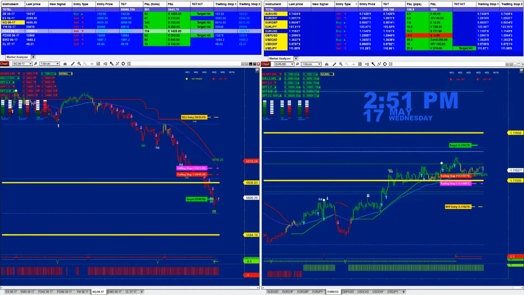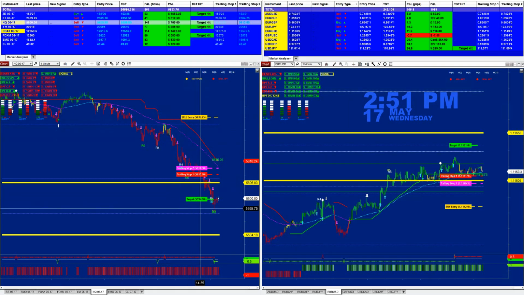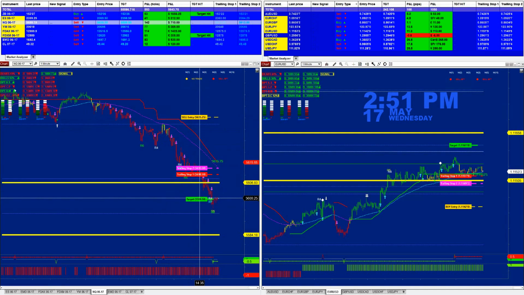On the NASDAQ today, we had an entry at 56.35, and here is the NASDAQ. Sell at 36.25. Your auto trade would take it exactly at that number, plus or minus a couple of ticks on the bar close, and then it goes exactly to the target.